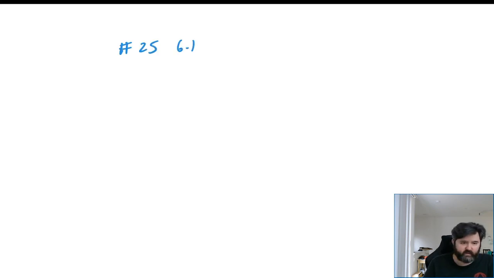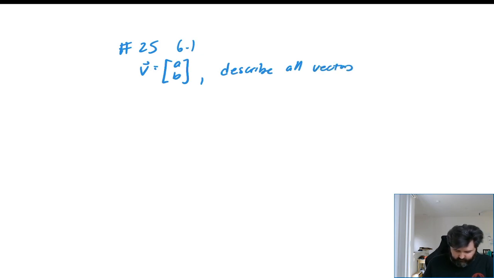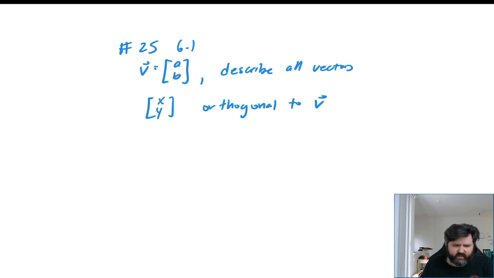25 in 6.1, it says if V equals, say, (A, B), describe all vectors (x, y) orthogonal to V. It says hint, consider V equals 0 and V not equal to 0.